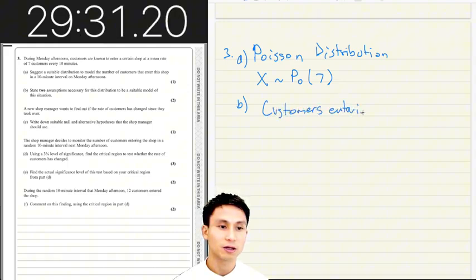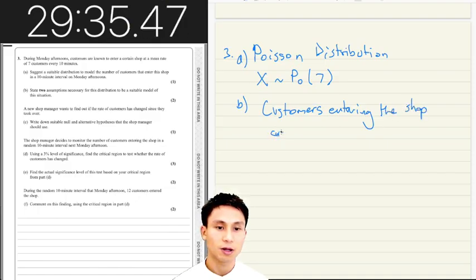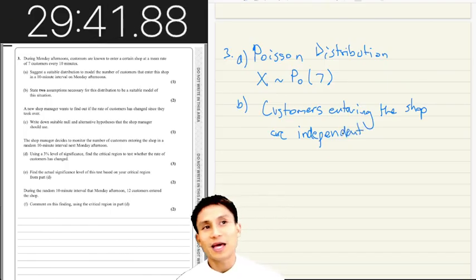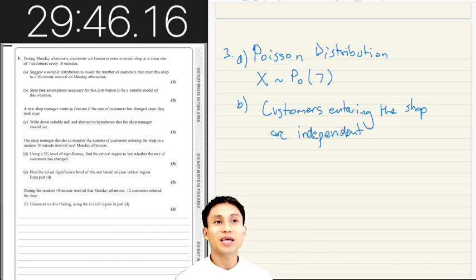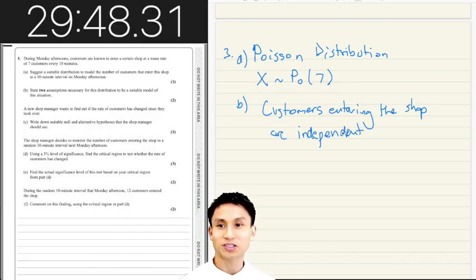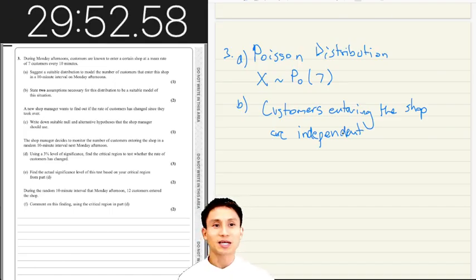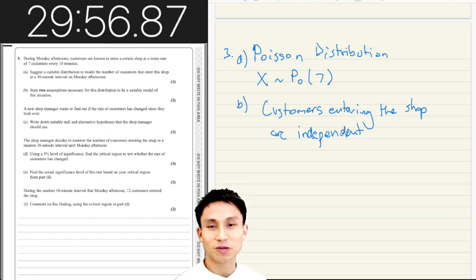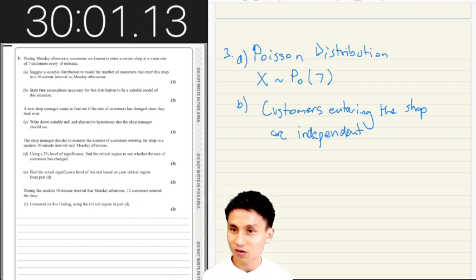In reality, that means if customer A enters the shop first, the next customer will be just as likely to enter as customer A. They're independent. It's not like there are too many customers in the shop and maybe the next customers are more reluctant to enter. No, it's not like that. They're all independent.